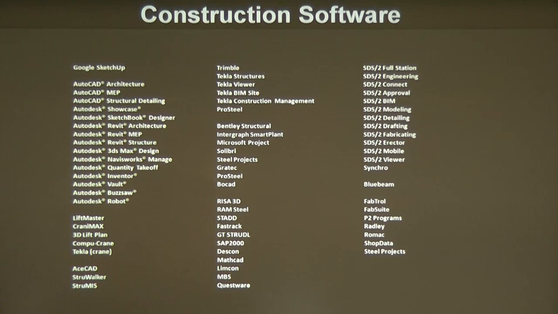Not all of them communicate with each other, but it's a goal for almost every one of them to make sure they do. Because if you don't, and that project is required to do some level of delivering BIM information back to the owner, your clients won't be able to use that software. So it's important to understand where most of these companies are headed from an R&D point of view, of what's next.